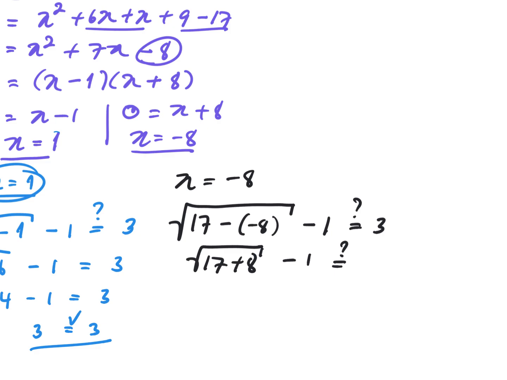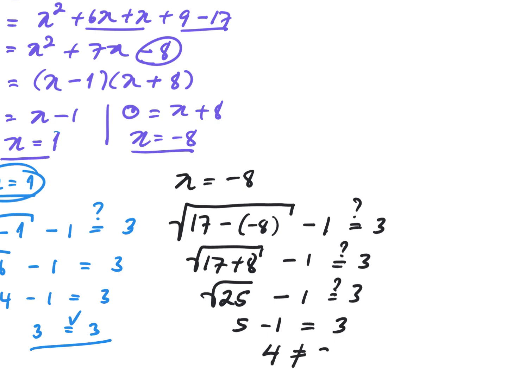Is it equal to 3? 17 plus 8 is 25, the square root is 5, and 5 minus 1 is 4. We can see that this is not equal to 3 because 4 is not equal to 3. So we can say now that x equal to negative 8 is what you call your extraneous solution.